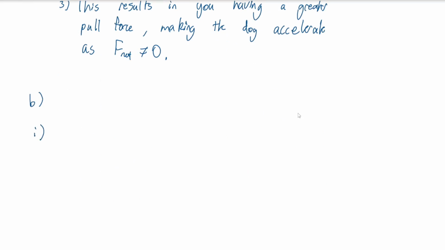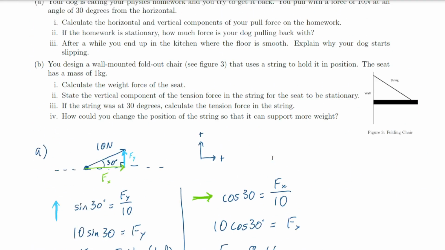So weight force is mass times gravity, and we know the mass of the seat is 1 kg, and we know that gravity is 9.8 meters per second squared, giving a weight force of 9.8 newtons. Right, that's with no one sitting on it.